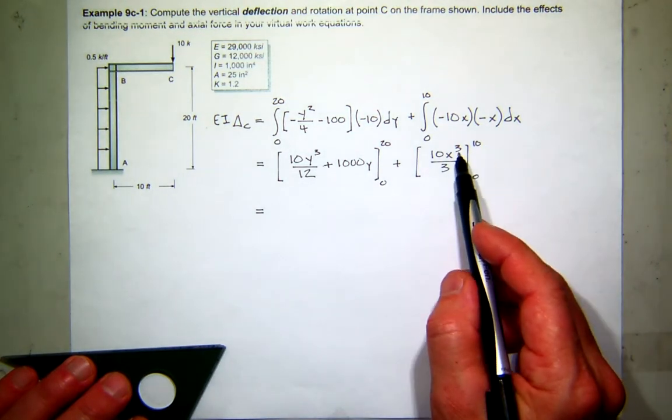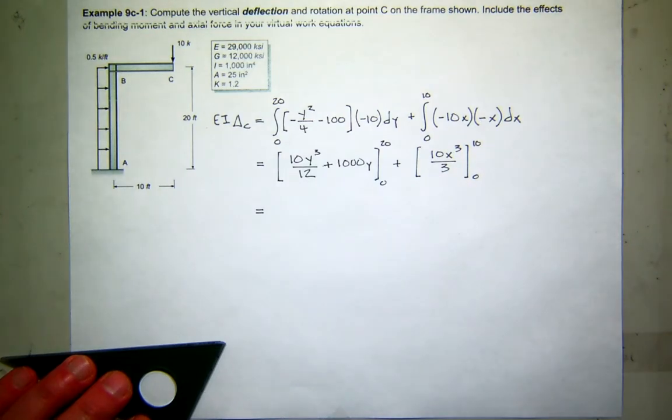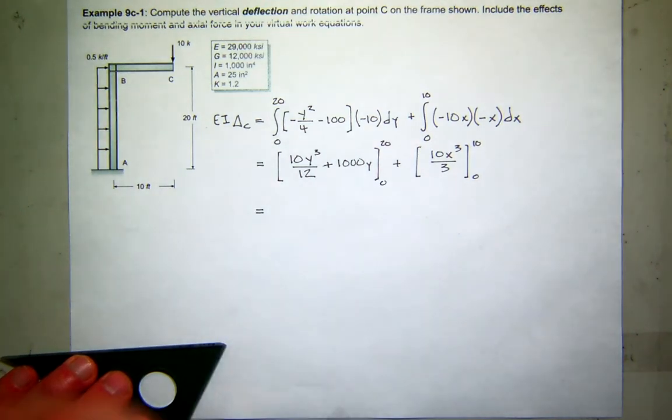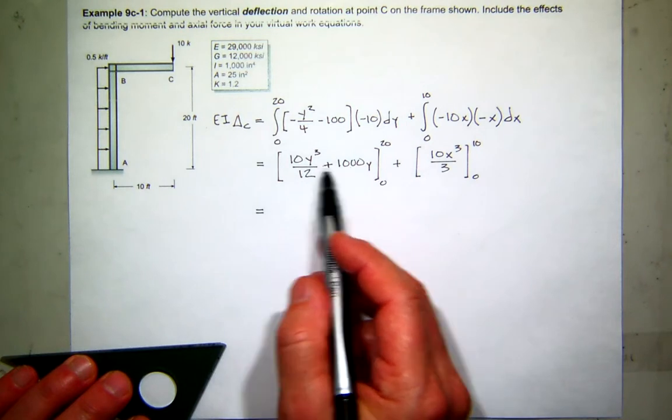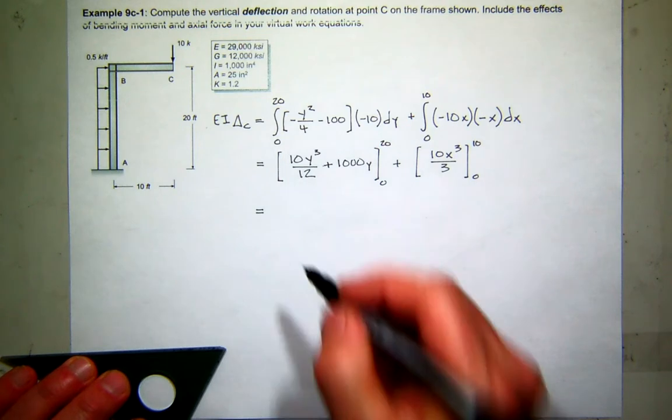Oh, that's easy. That's 10 cubed is 1,000. That's 10,000 over 3. That's 3,333.33. That one I can do. I can't do this one. I can see this part is 20,000, but I don't know what that is. What'd you get? 26,666.